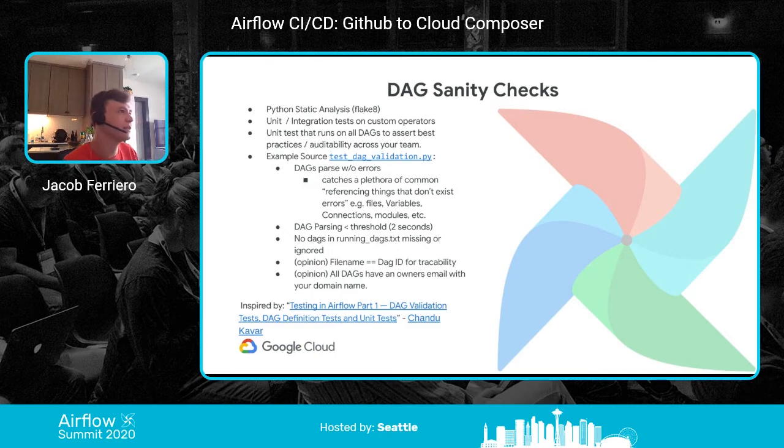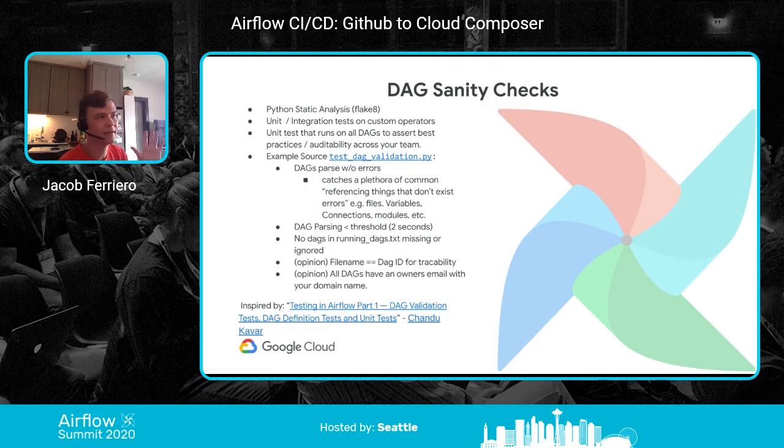And finally, we have a series of unit tests that you want to run across all of your DAGs. The first thing to do is to load up a DAG bag object and make sure that all of your DAGs parse without errors. Otherwise, we should not continue with this Airflow deployment, because you're going to end up with a web server that's complaining about your DAG.